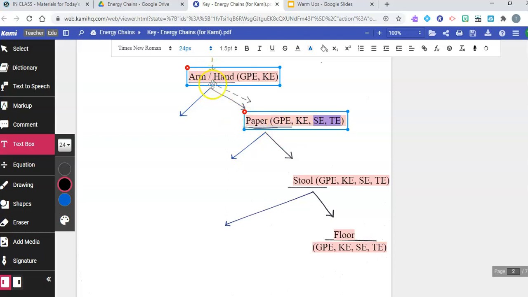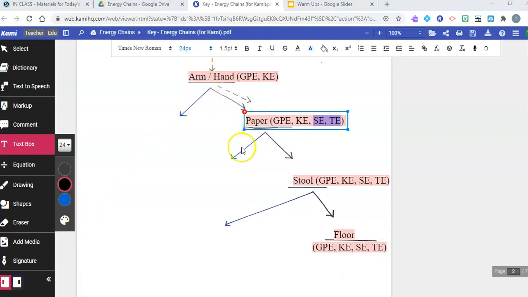So what you're saying is, as my arm or hand energy transferred to the paper, some of that original energy changed form into two new types of energy. So whenever a new form of energy is introduced in a step of an energy chain, and it was not present in the step before, then you would say that it is a transformation as well as a transfer of energy.